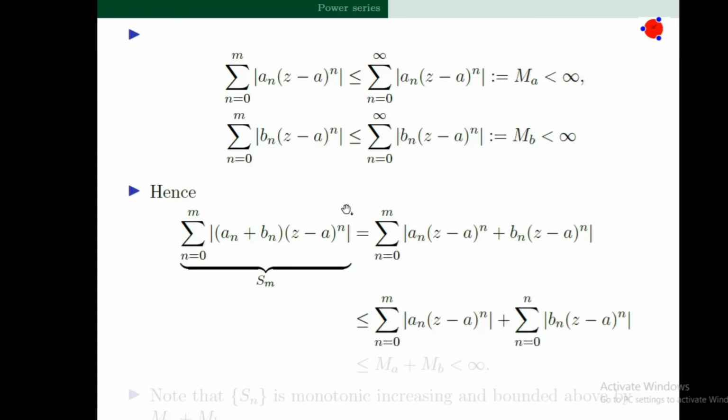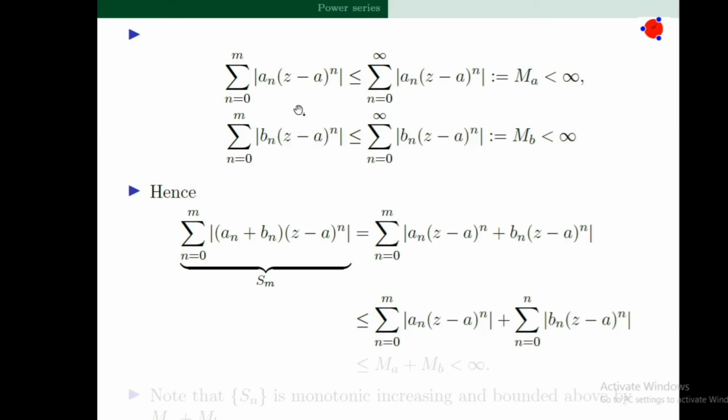Now consider the sequence of partial sums of the series sigma mod an into (z minus a)^n. That is, for m equal to 1, 2, 3, etc., we get the sequence of partial sums of the series sigma mod an into (z minus a)^n.